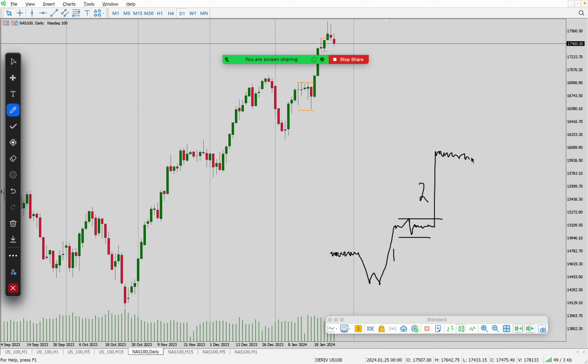You'll most probably get a stop hunt low, maybe a V bottom, and then a third push to the upside. So this is where the third push starts, and this is where the third push ends. You'll then get an M, and then price will reverse back into the range to give you your 1 again.